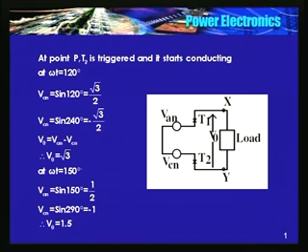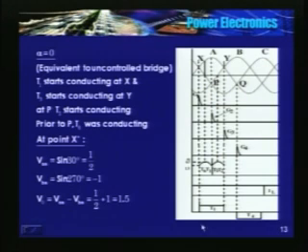Now we need to consider T2. Mind you, you will find that if I assume the current to be constant and ripple free at IL, T1 conducts from this point till you trigger T3.